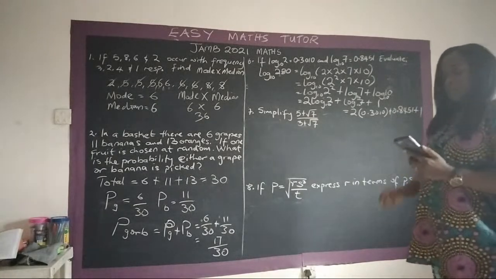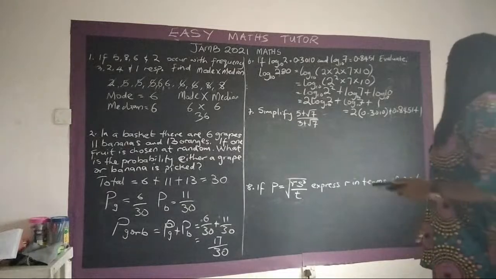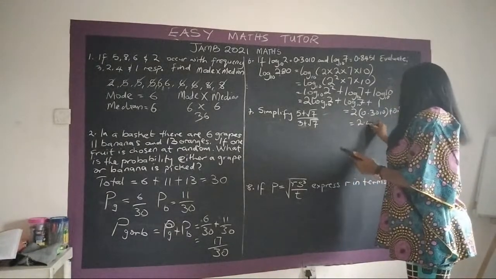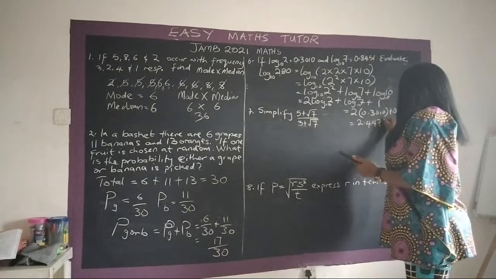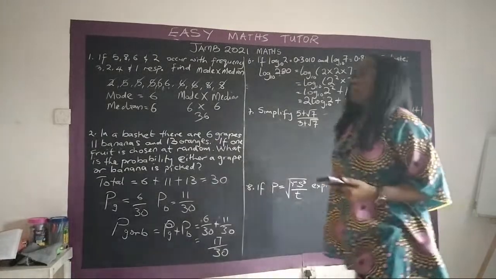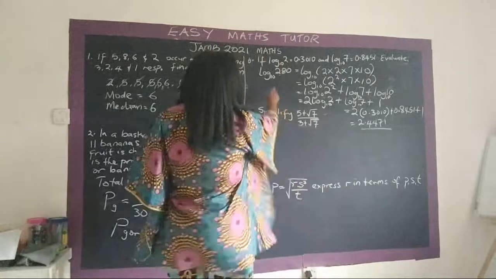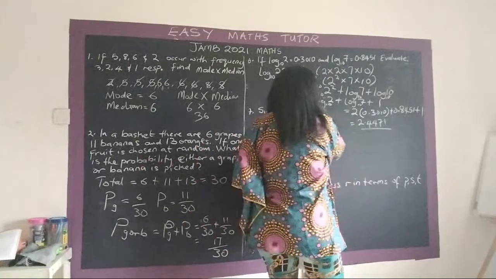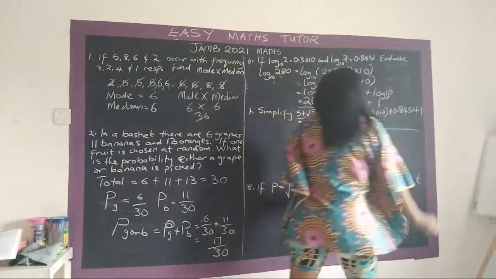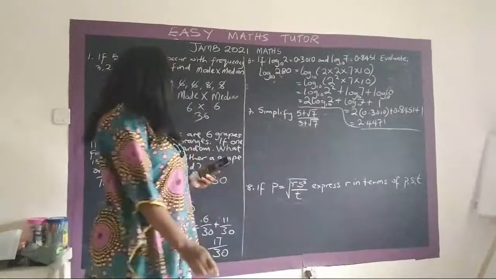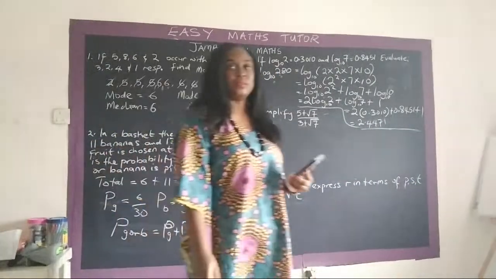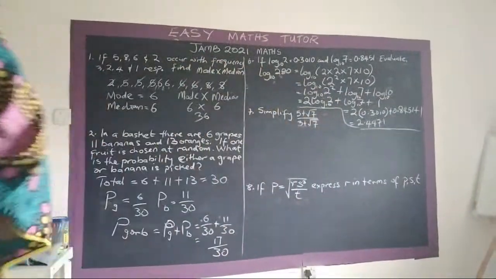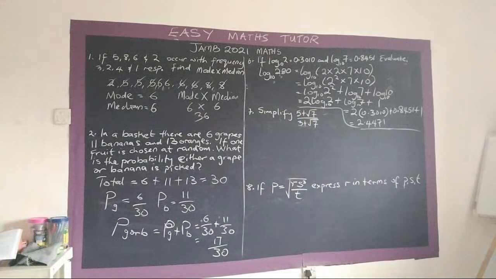So what did you get? I got 2.4471. So log 280 to the base of 10 is 2.4471.